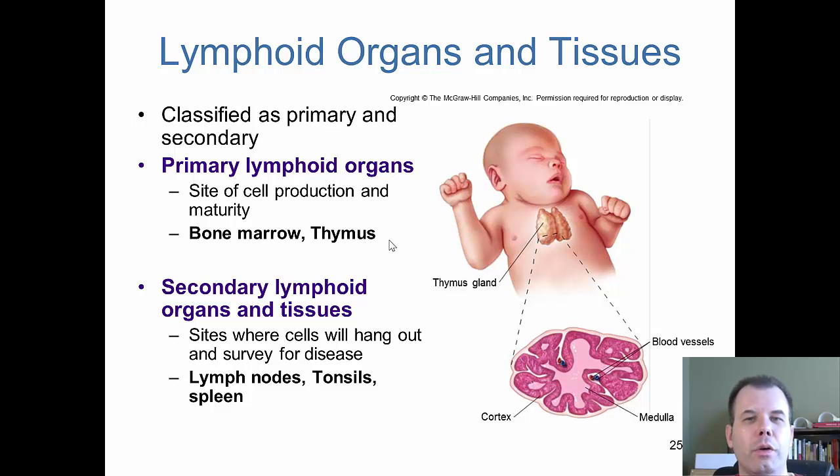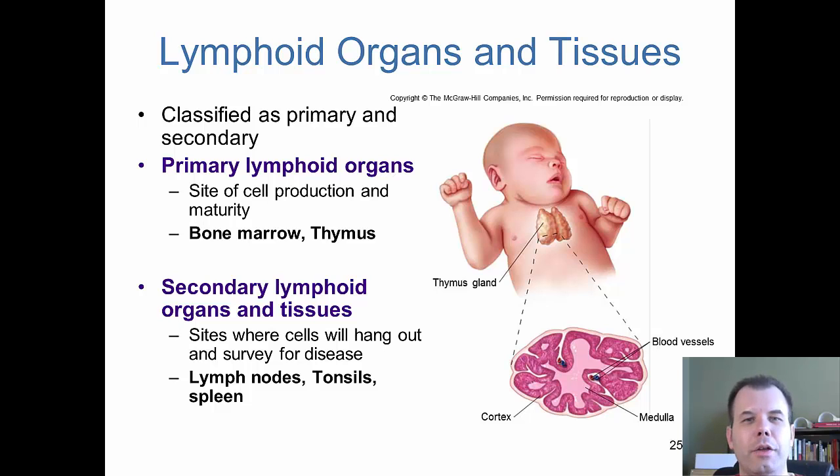The bone marrow allows the B cells to mature and get their receptors. The T cells are made in the bone marrow and then go to the thymus to get receptors, and that's important. So you get these T cells that now have receptors on them and they're ready to go. Those are both primary lymphoid organs.